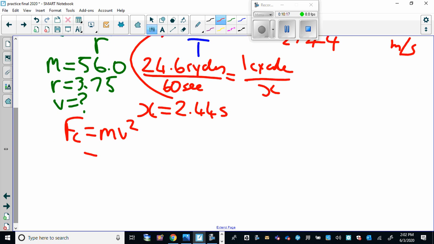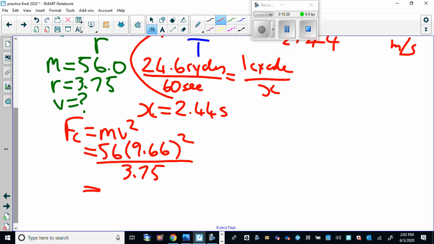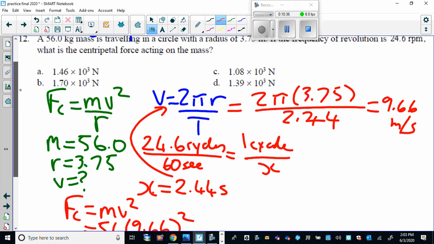Now you can plug it into this formula here. Don't forget to square the velocity. Radius is this. And it's going to give you an answer of 1,394 meters per second, which is D.